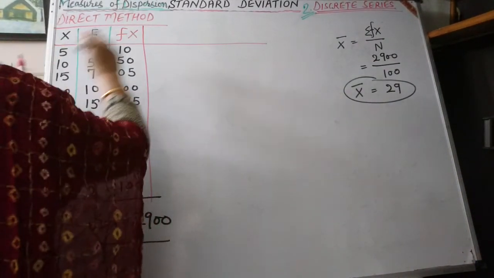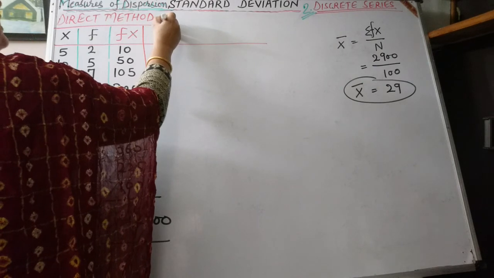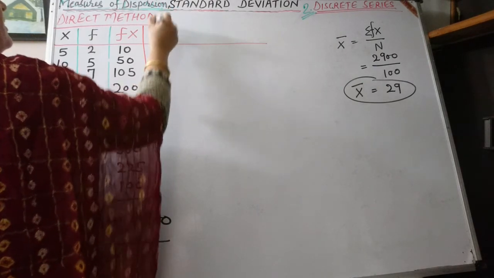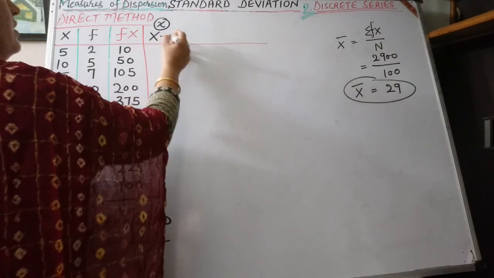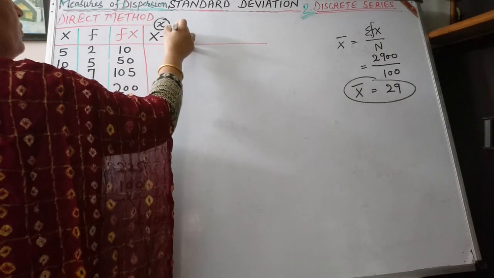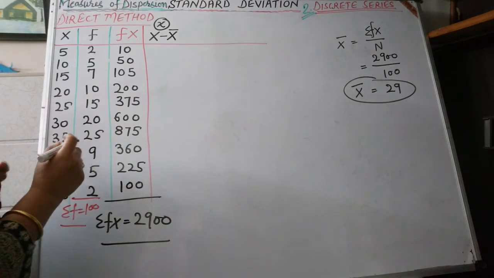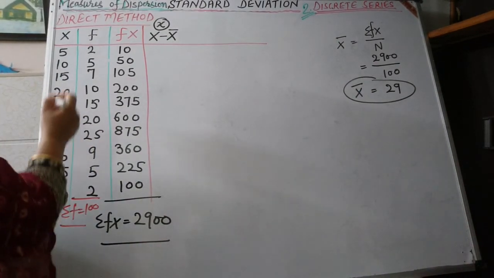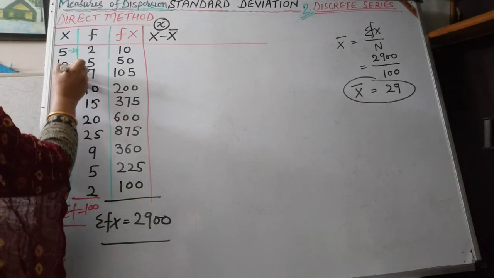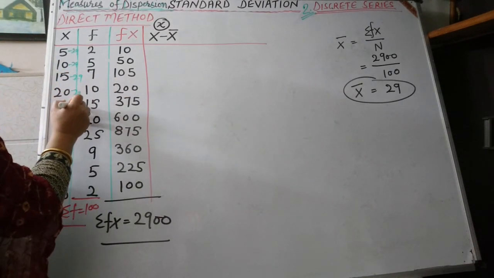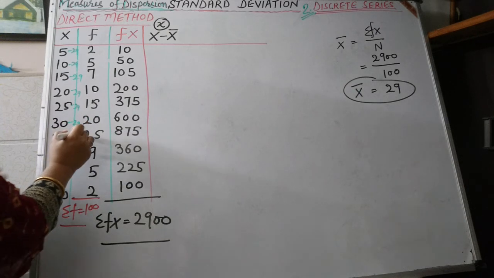Now let us calculate the value of small x. For the calculation of small x, the arithmetic mean, which is 29, will be subtracted from the values of x. It means 29 will be subtracted from all the values of x: minus 29, minus 29, minus 29.